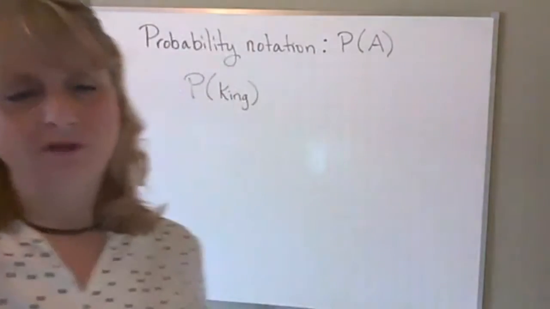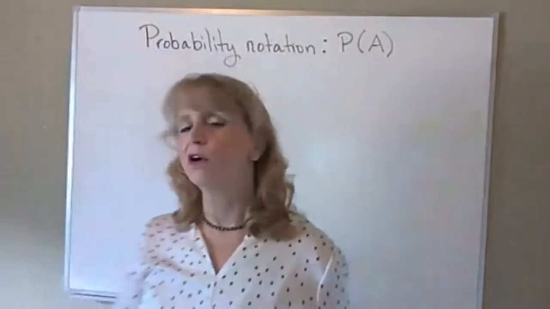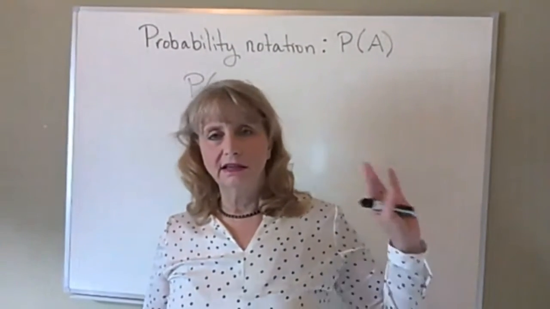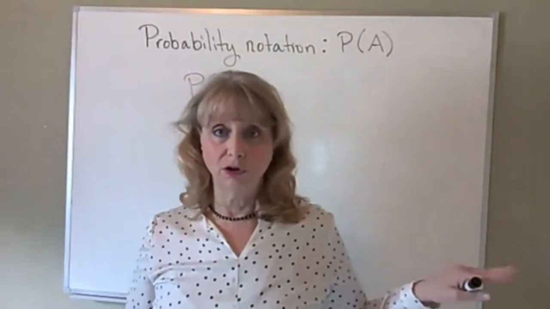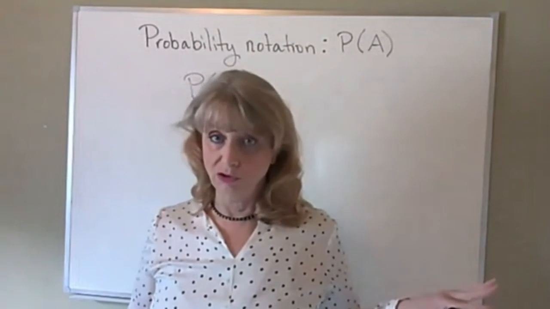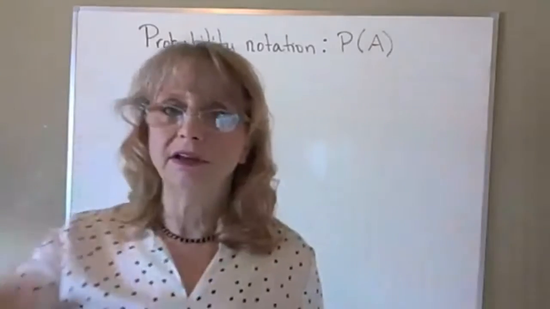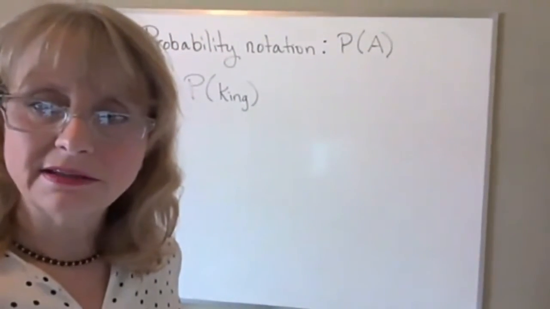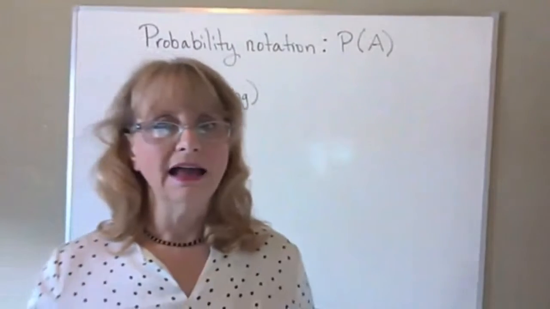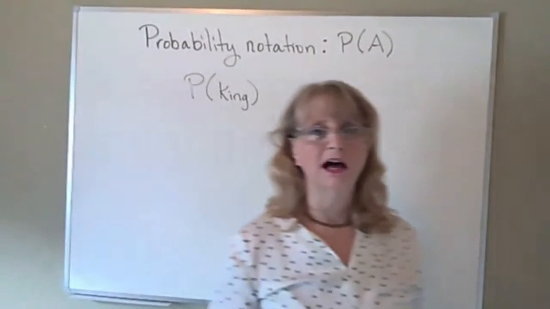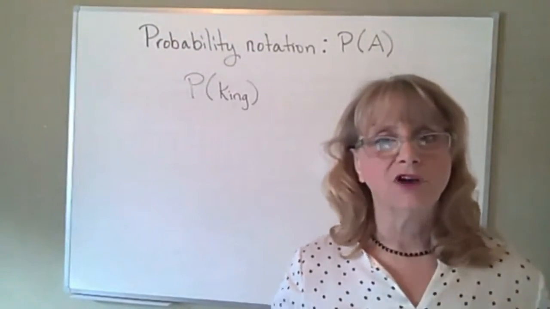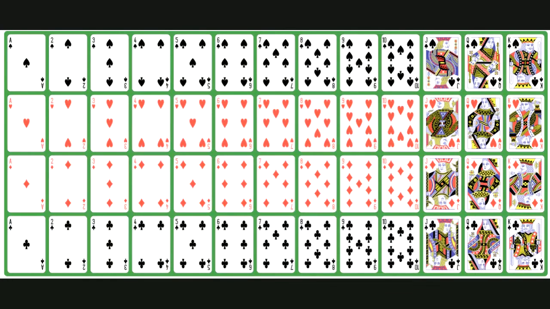I have a picture of a deck of cards on the sample space handout that's in your Unit 2 folder for you to print off, and which I expect you to use on the test. I have one picture of it, but I have another picture that's even better. I found this one online, and this is what a deck of cards looks like.